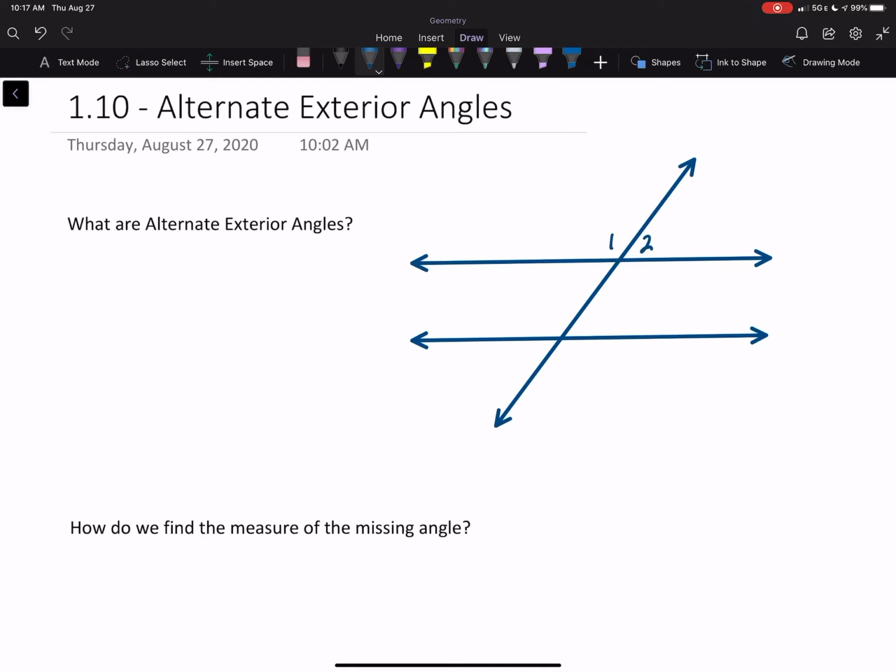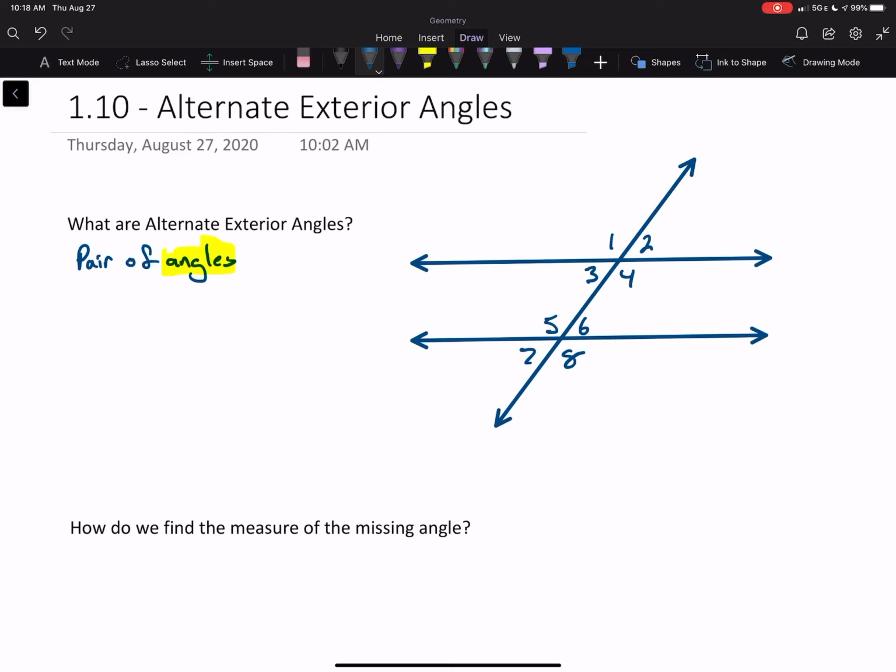So let's go ahead and number them. Okay, alternate exterior angles are angles, or a pair of angles. Remember, that's part of the title, angles.